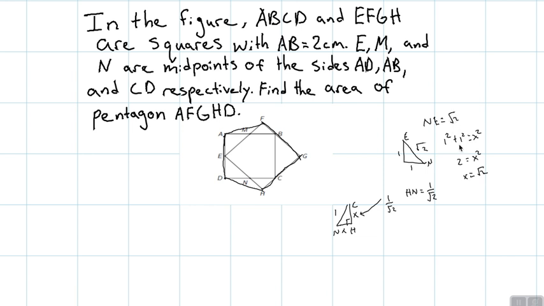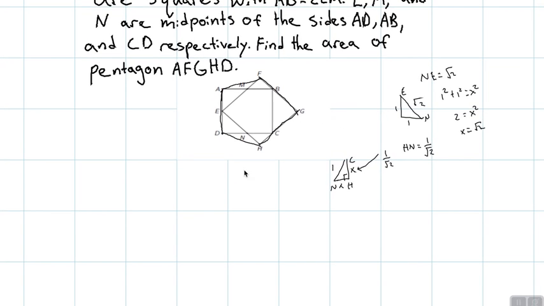So now we can find the area of this square. The area of the square is going to be each side length squared, and each side length is HN, which we found was 1 over root 2, plus NE, which we found was root 2. And so square that.